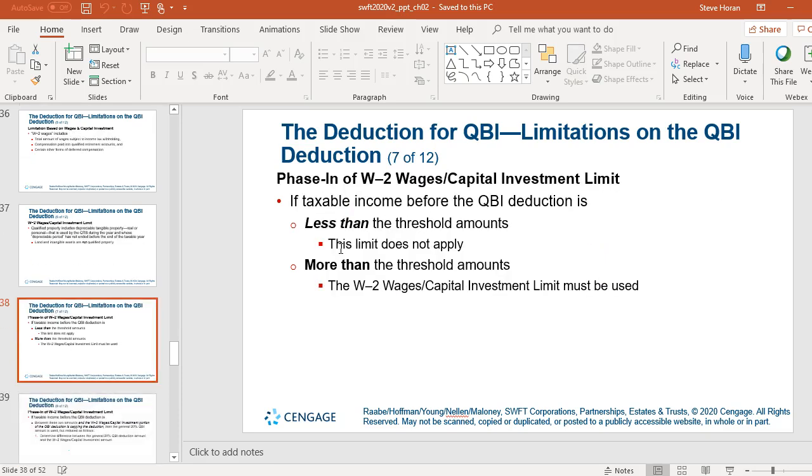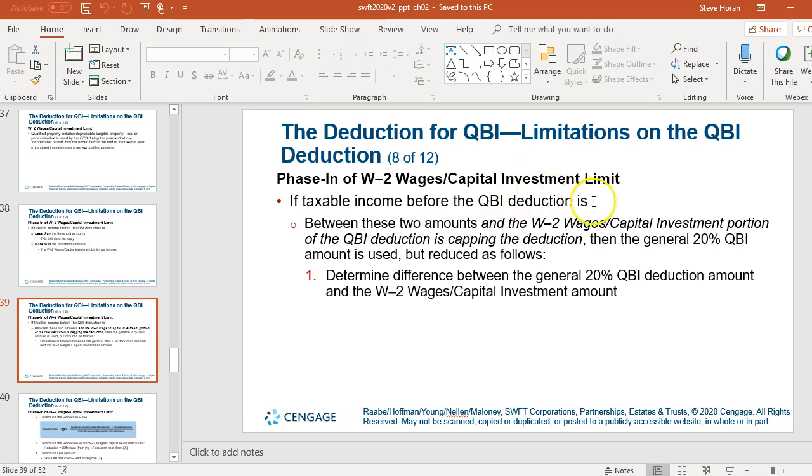Okay, so the phase-in of the W-2 wages capital investment limit. If the taxable income before the QBI deduction is less than the thresholds, the limit does not apply. If it's more than the thresholds, then the W-2 wages and capital investment limits must be used.